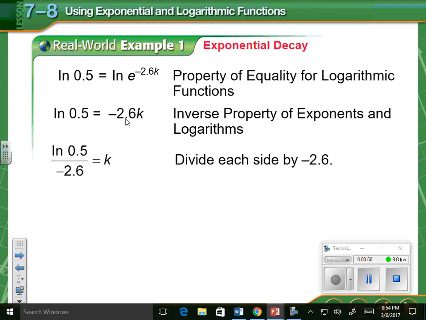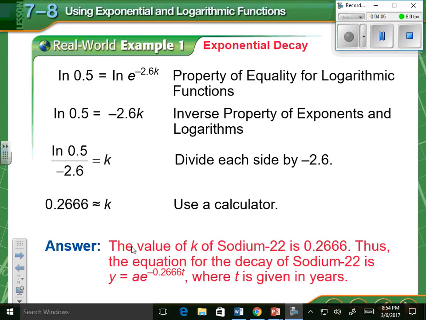Divide both sides by negative 2.6. And so you put this amount in your calculator, and we get approximately 0.2666. So that means that K, our constant, is 0.2666.